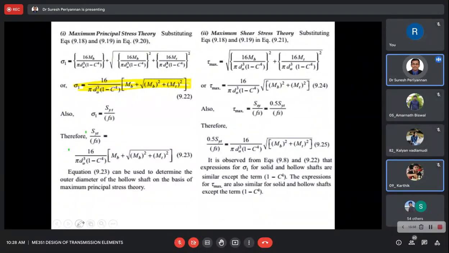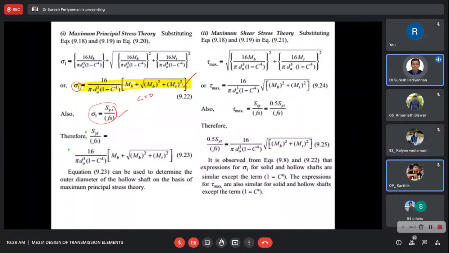Again you see the same equation satisfies the solid shaft when c is equal to 0. Similarly, sigma 1 is nothing but, as we discussed earlier, Syt divided by factor of safety. This is the left hand side of this equation, the permissible sigma 1, Syt divided by FS.